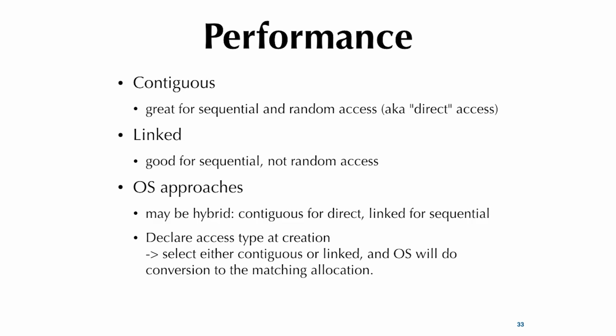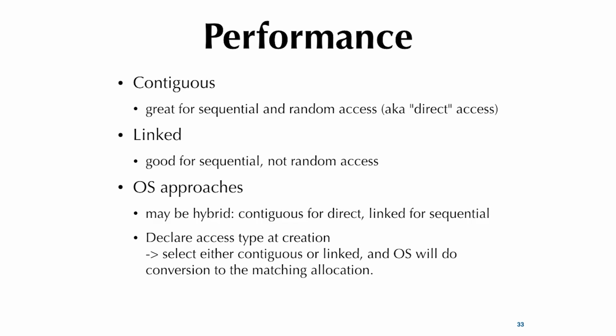So if it's contiguous, therefore, if you want direct access, then it presents a contiguous scheme, and if it's sequential, then linked scheme is fine. But how do you know in advance? Well, OS doesn't really know in general, but then there are ways for the OS to guess or for the API to give hints.